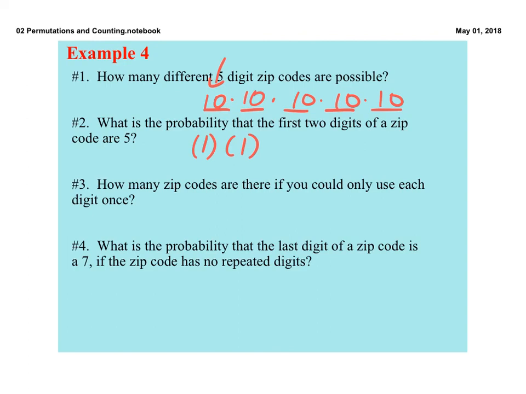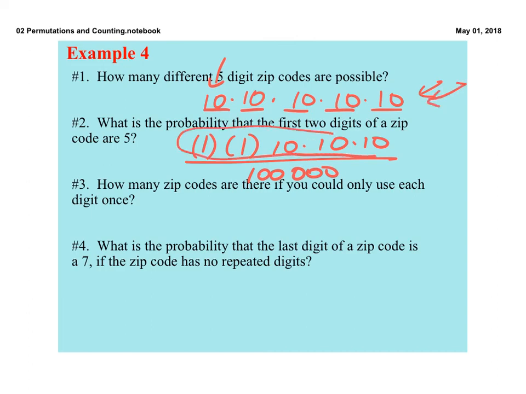We've got 10 choices for those last 3 spots. 10, 10, and 10. Okay, out of how many were possible? That was this one. Okay, so this is 10, 100, 1,000, 10,000, 100,000 from up here. Okay, and there's our answer. It's what we want over what's possible.